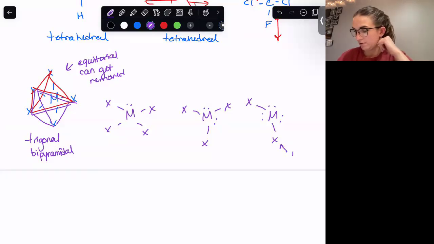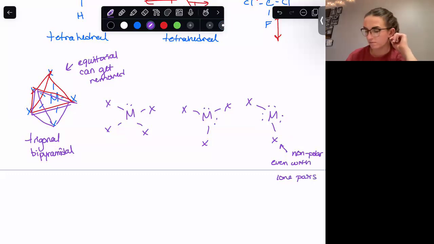So this one is nonpolar, even with lone pairs. It's linear. I just drew my bonds looking a little bent, but this is linear.